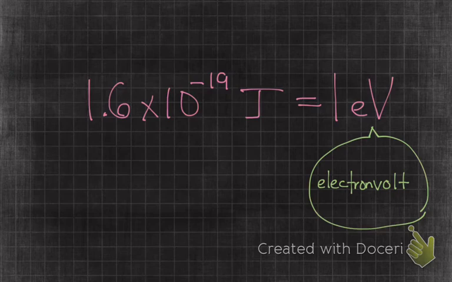Well, we don't want to use this number all the time because it's a really large number. So we came up with another quantity called the electron volt, meaning that 1.6 times 10 to the negative 19 joules, which is the amount of energy a 1 volt battery passes to one little itty bitty charge, is also 1 electron volt. So the quantity here, and now this is a ratio we can always use, 1 electron volt is always 1.6 times 10 to the negative 19 joules.